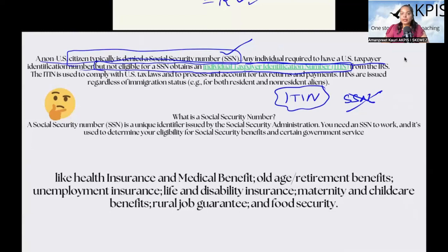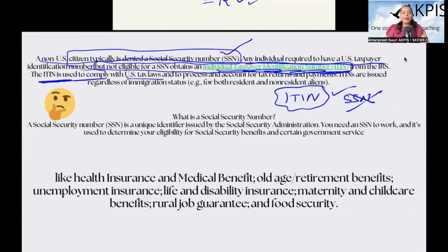But if you're not a US citizen, let's say you are a resident alien or maybe a non-resident alien, you are supposed to obtain an ITIN, individual taxpayer identification number, which is supposed to be there with the IRS when you are meeting your filing requirements. Why is this number used to comply with US tax laws?